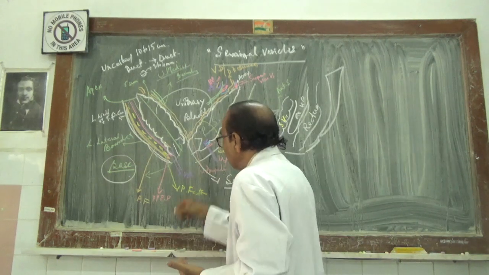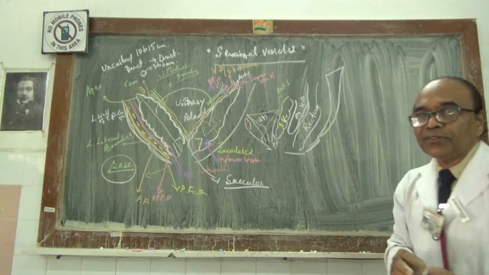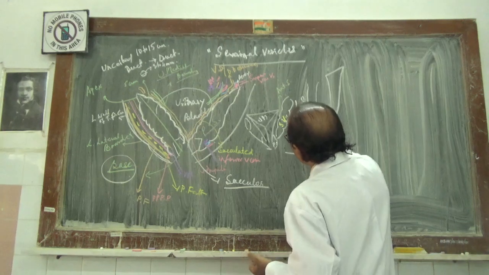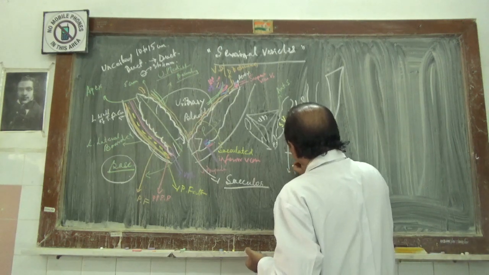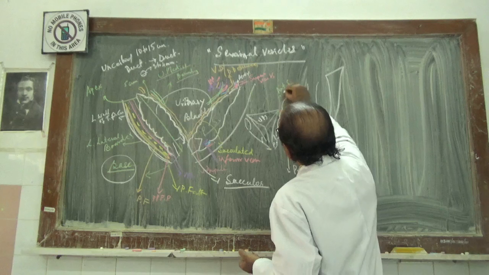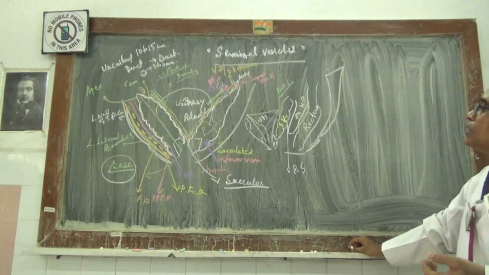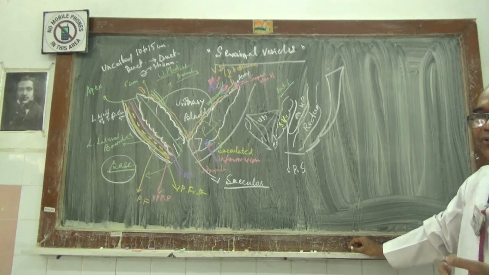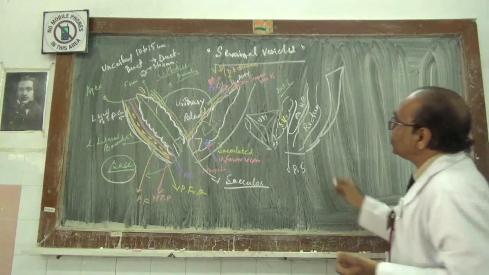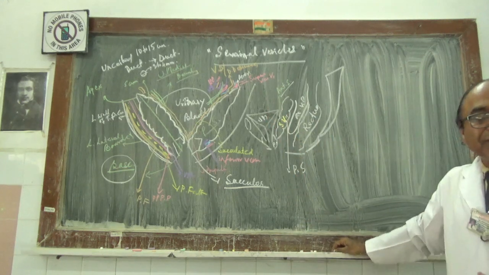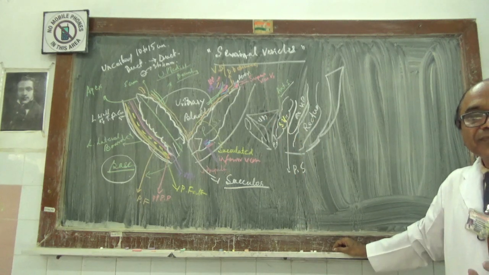Now after having this, you have to go to the surface. You will be seeing here the posterior surface and the anterior surface. Now go to the anterior surface of the seminal vesicle, which is directing forwards and a little upwards.